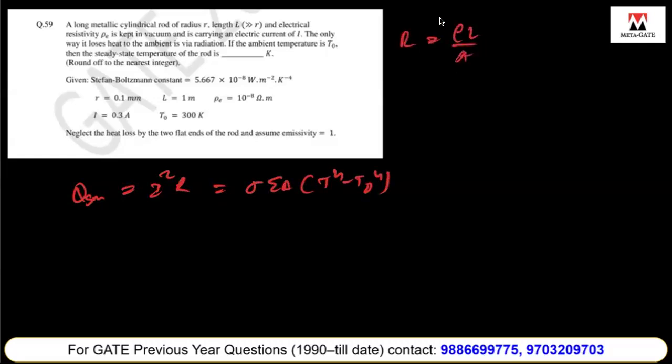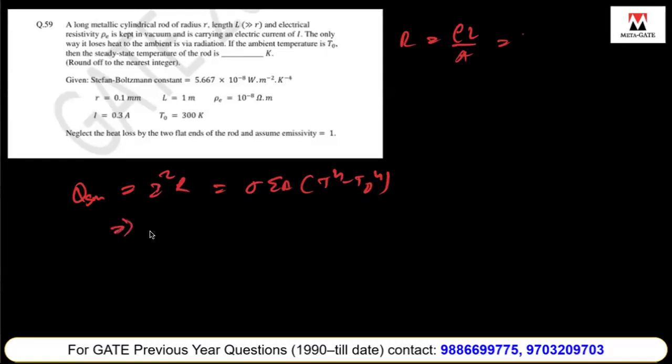Like Q, heat generated, is equal to I square R. And this is equal to radiation loss, which is sigma epsilon A into T power 4 minus T naught power 4. And resistance is nothing but rho L by A, so it is resistivity into length by pi r square.